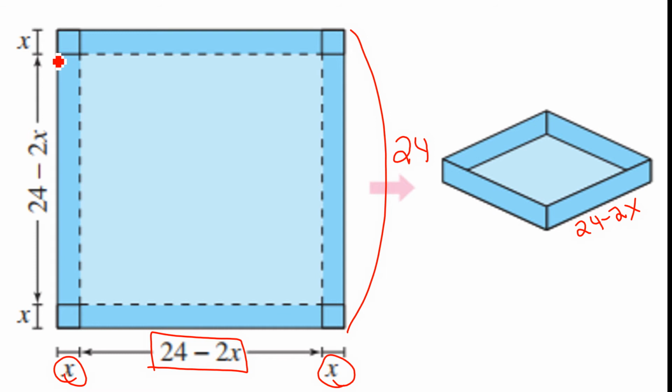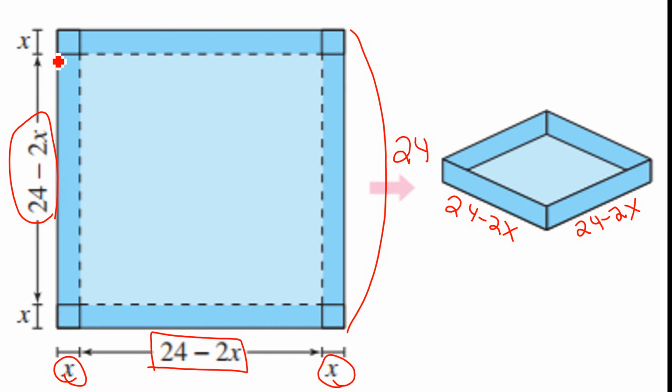So it's going to be a little smaller than the original, which makes sense. When we fold it up, that'll happen. Okay, so when we do the same thing to the other side, again, we end up with 24 minus 2x. So we know that if that side was 24, we take away 2x, we end up with the same thing.